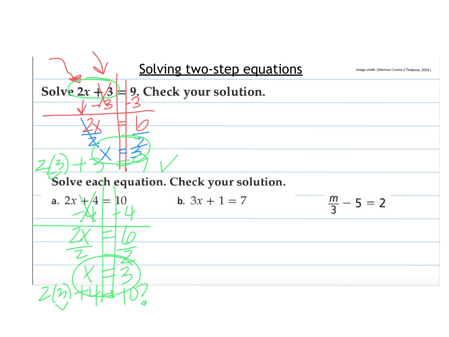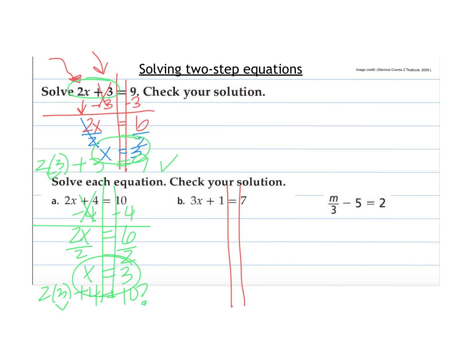3x plus 1 equals 7. Let's write this down. Do my tracks. X is being multiplied by 3 and then added to 1, and we get 7. So it's kind of like we're doing the opposite of PEMDAS. Adding comes after multiplying, so we're going to undo that first.